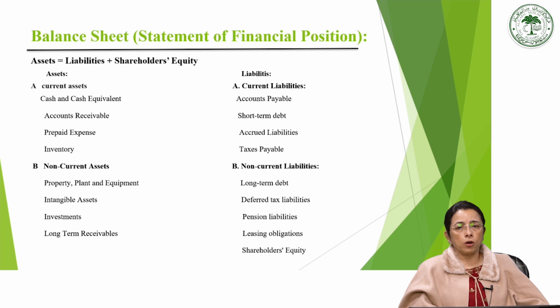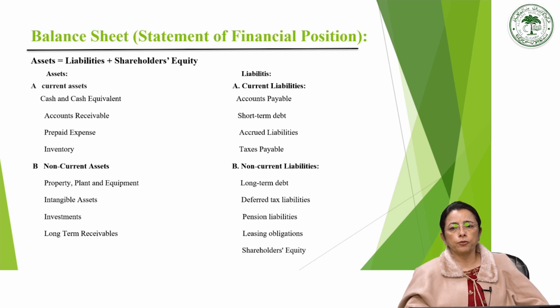So first is the long-term debts. Suppose you have issued debentures for 5 years, that means you will be paying the amount after 5 years to these debenture holders. So this goes on for the long term. Maturity date is beyond 1 year or 2 years.